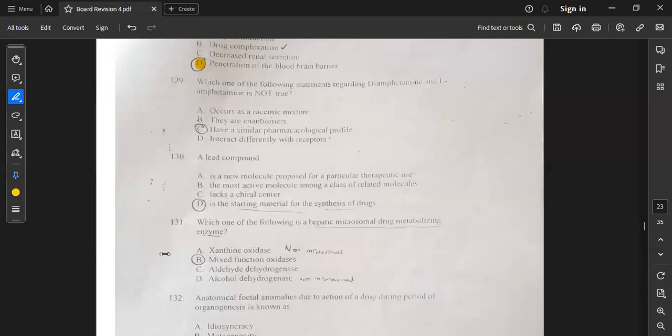What are the common examples that you can remember for enzyme inducers?